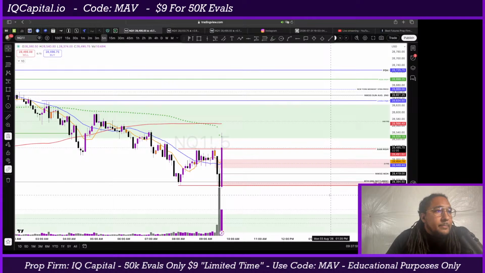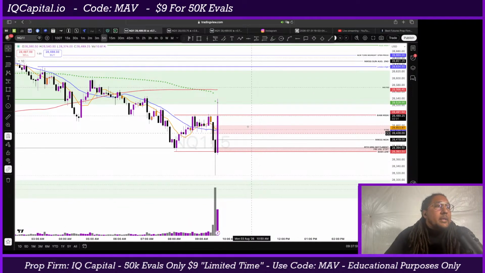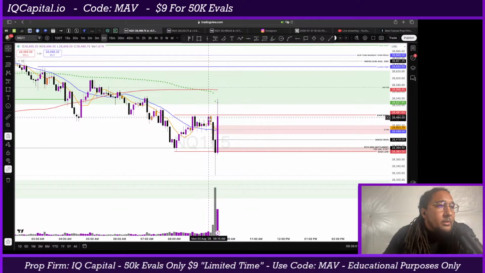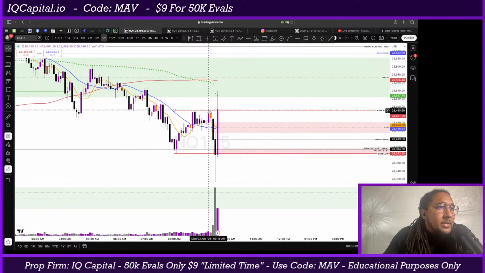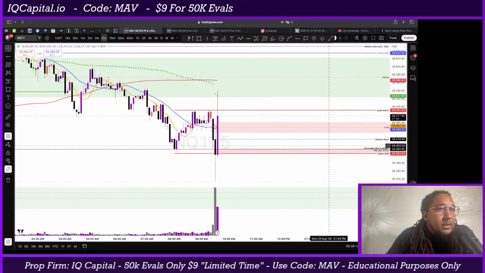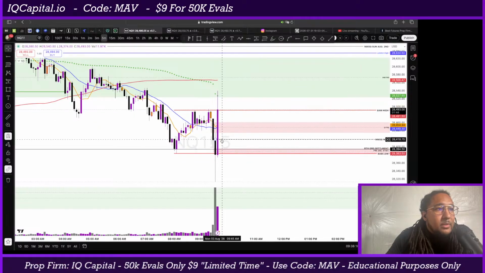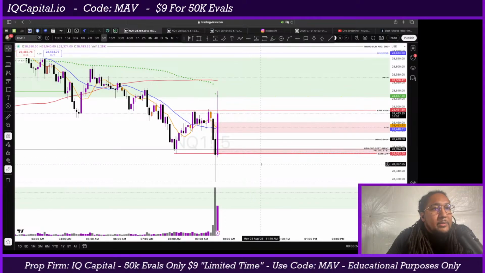So let's see what's going to happen here. It kind of left without us, being as though price swept these highs, not a whole lot, but you can see it here. It swept these 8 a.m. highs just barely, then immediately went down to the lows. We hit the Friday settlement price, which was before our 8 a.m. lows, and also we swept London lows, which was the same level as our 8 a.m. lows.